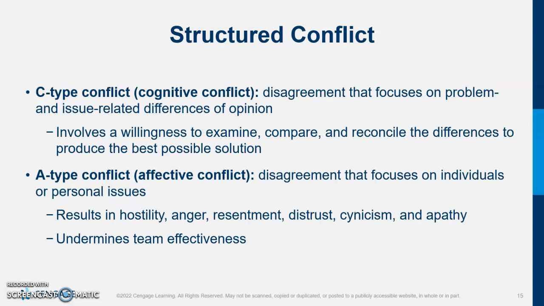Whereas A-type conflict or affective conflict is really a disagreement that focuses on individuals' personal issues. Maybe they just don't get along. And this results in hostility, anger, distrust, and really is not very good for team effectiveness.